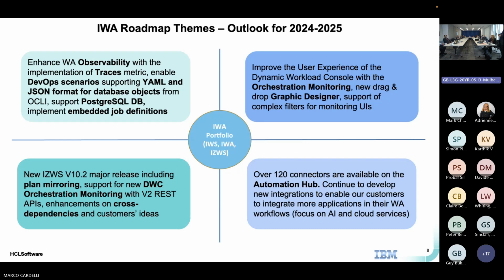Also, we plan to deliver with SPs some enhancements on the cross dependencies. These are particularly important on the Z side because there are a few customers, especially in Europe, that have very large installations. So they arrived at the top of the scalability they can do with one controller, which is around 1,200,000 operations in a plan at the same time.